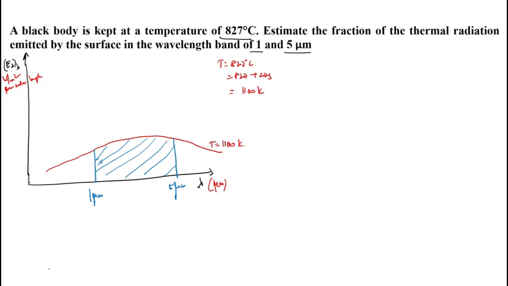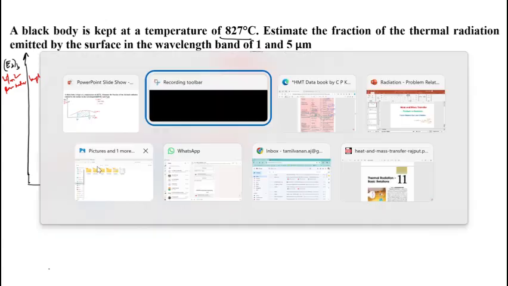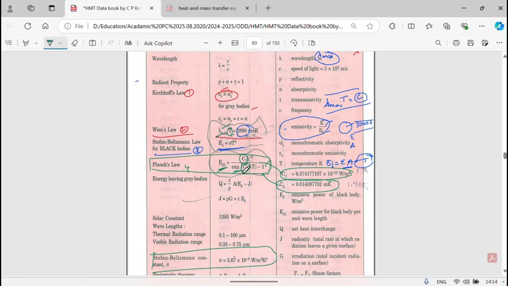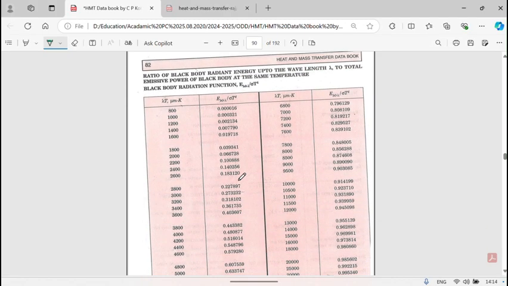In the data book, for lambda T in micrometer Kelvin, we have a value equal to E_b from 0 to lambda divided by sigma T to the power of 4.